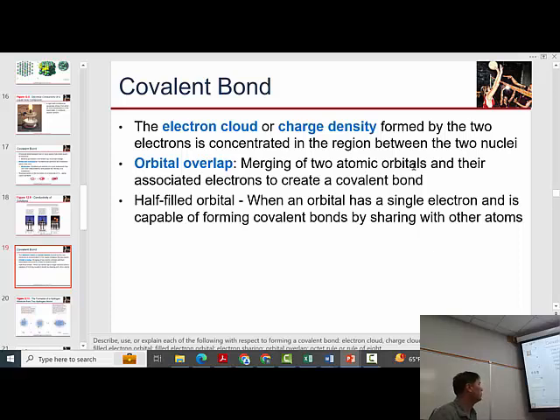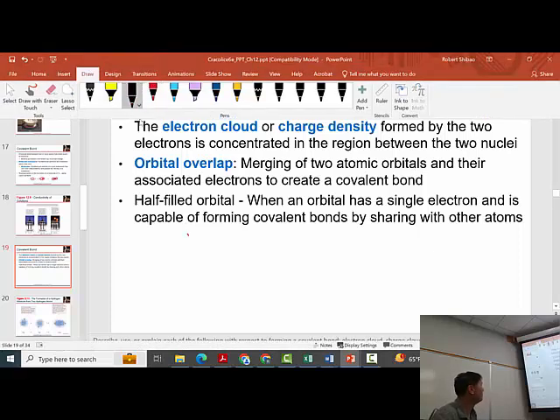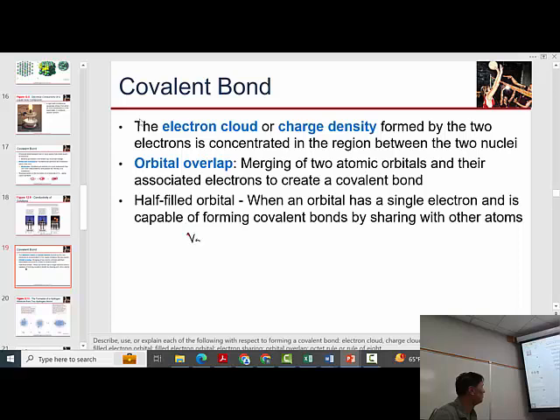This whole idea of orbital overlap is called valence bond theory. This is all part of quantum mechanics. Valence bond theory is the partial quantum mechanical treatment. I'll just say QM treatment.